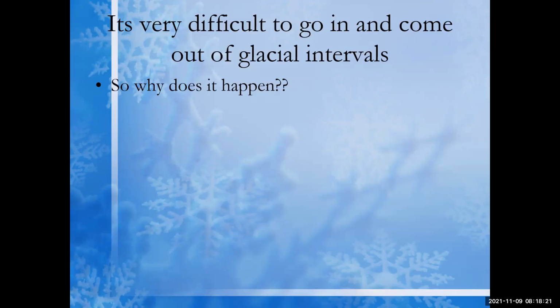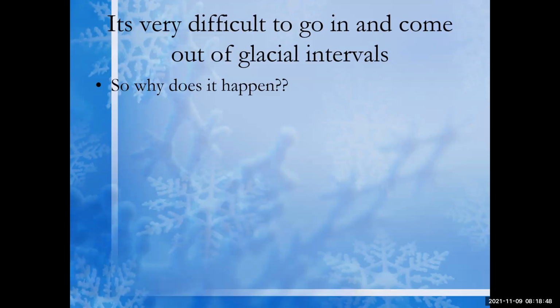Why? Right? What drives natural glaciation and deglaciation? And I will note that it is not just CO2 levels in the atmosphere. CO2 levels in the atmosphere most certainly track with changes in global temperatures and glacial advance and retreat.